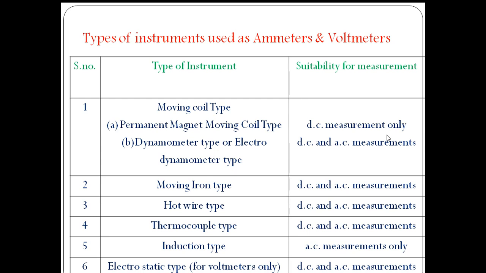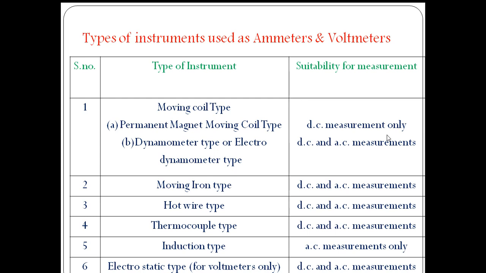The next one is induction type instruments, which are exclusively used for AC measurements. And electrostatic type instruments are used for both AC as well as DC.